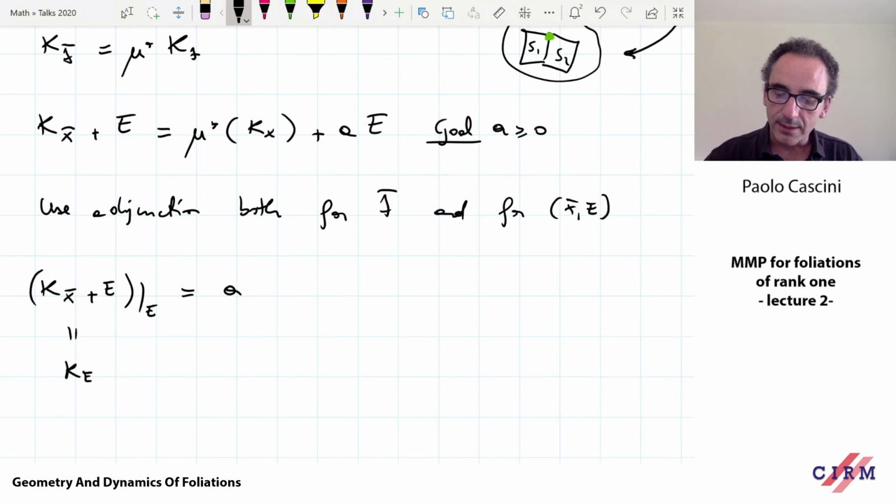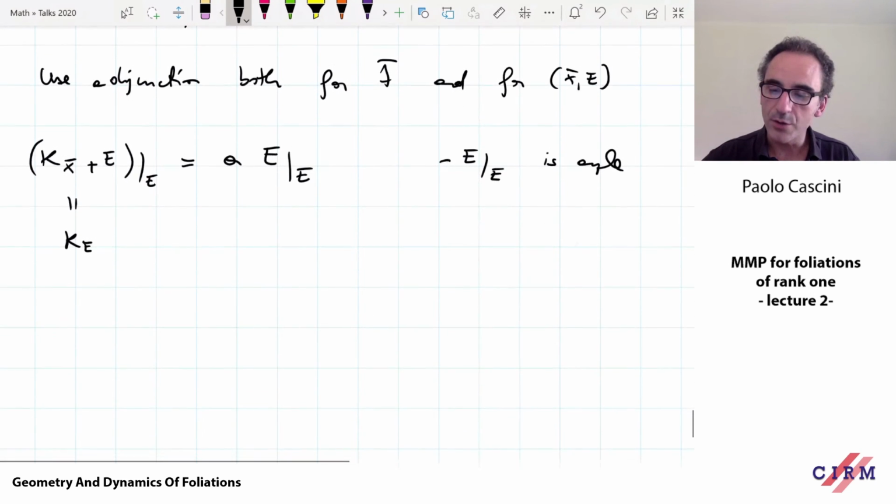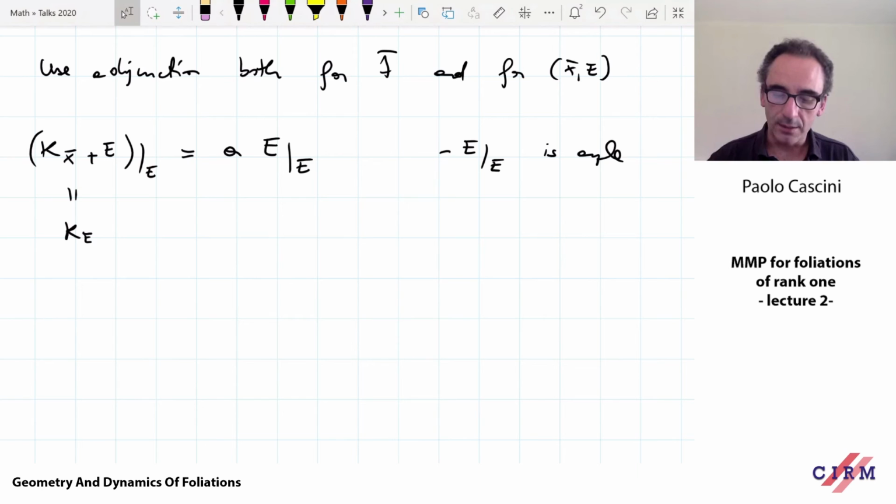So all we get is A times E restricted to E. And we know that since E is mapped to a point, minus E restricted to E is ample. So far I used adjunction for E, the pair x bar E.